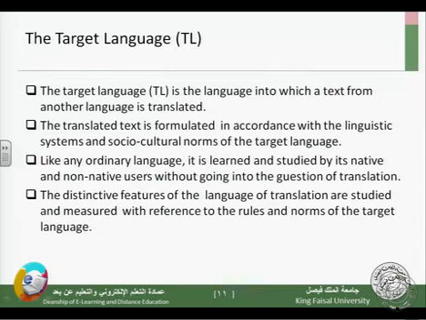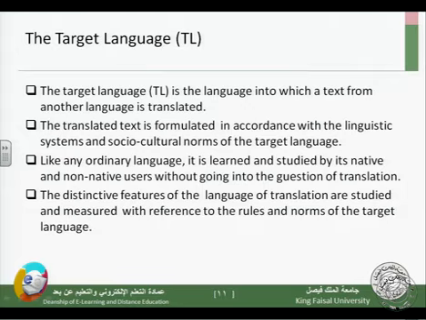In other words, you have a source language, Arabic source text, translator, translated text. The translator takes the source text from Arabic and translates it into English. English is the target language. You want to translate it into French. French is the target language.